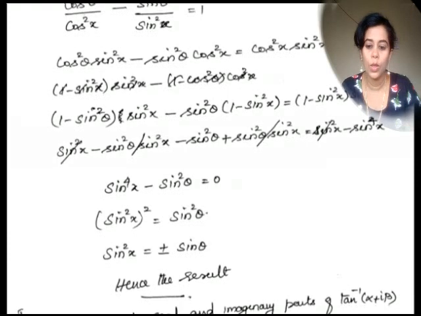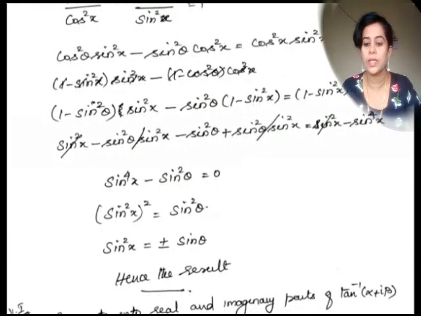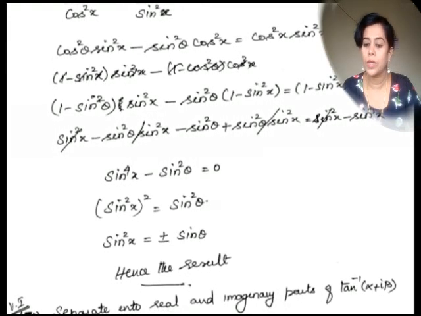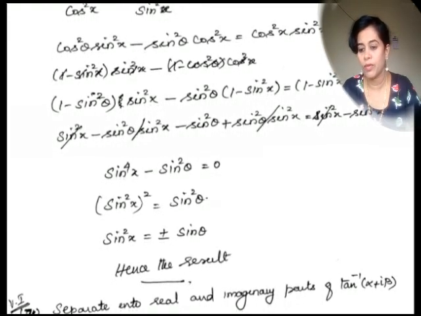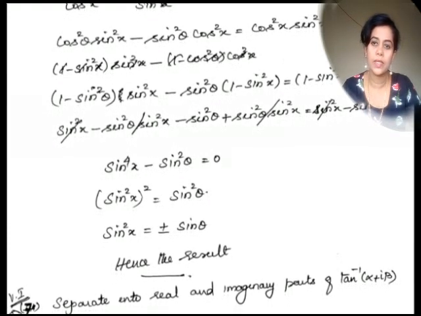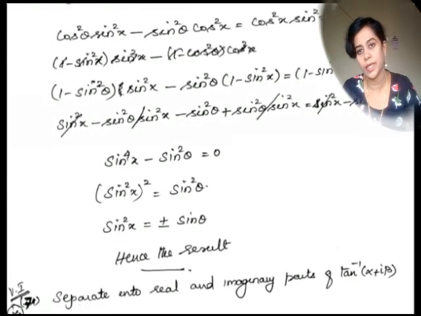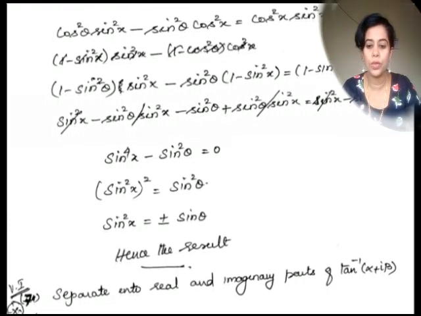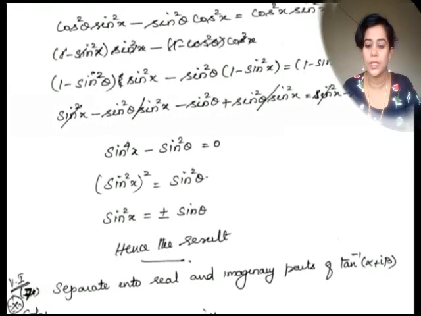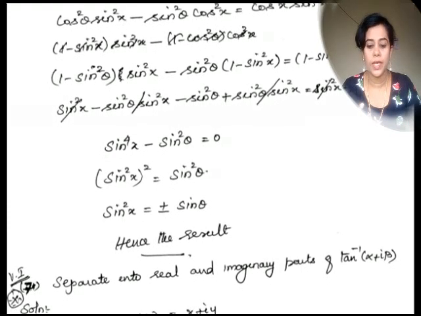Multiply all the terms, we are getting sin squared x minus sin squared theta sin squared x minus sin squared theta plus sin squared theta sin squared x equal to sin squared x minus sin power 4 x. We can cancel the similar term sin squared x on the left hand side and sin squared x on the right hand side. The other two terms, minus sin squared theta sin squared x and plus sin squared theta sin squared x, get cancelled.